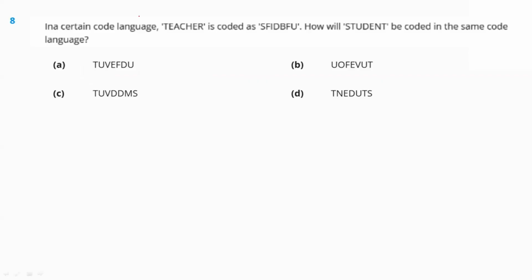Next, in a certain code language, teacher is coded as SFIDBFU. How do we decode this? Simply reverse the letters of teacher: REHCAET. Now you have to add +1 to each of them.